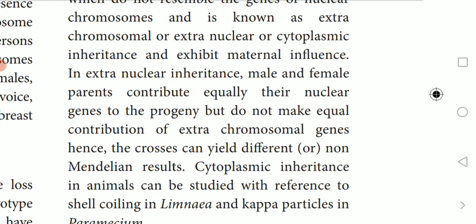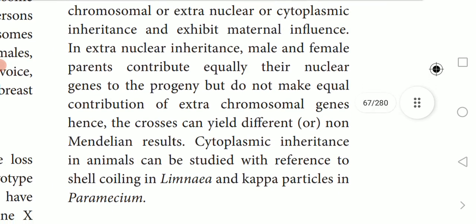In extranuclear inheritance, the male and female parents contribute equally the nuclear genes to the progeny. Progeny means young ones. But they do not make equal contributions of extrachromosomal genes. Hence, the cross can yield different or non-Mendelian results.